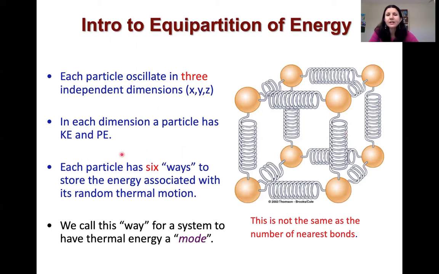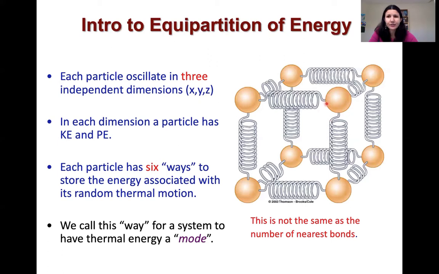So what we're actually thinking about is this idea of how energy is stored. So if we were to add energy to this atom, this idea of what's called equipartition of energy is that energy will equally get distributed between the different ways that each particle can have energy.